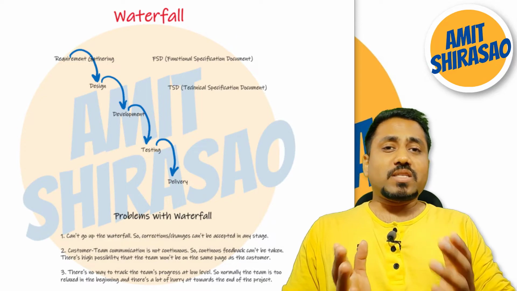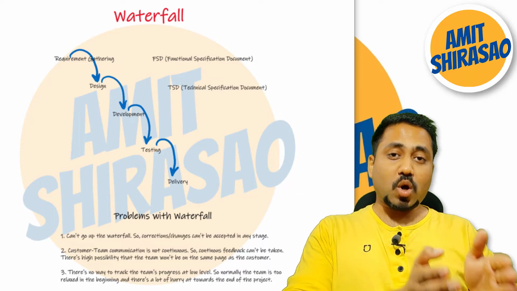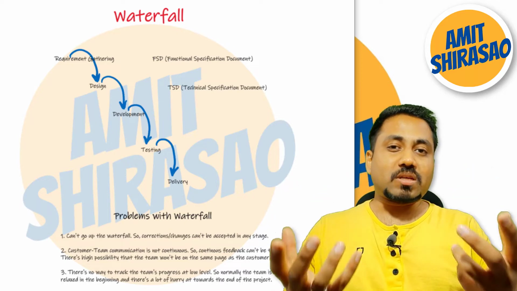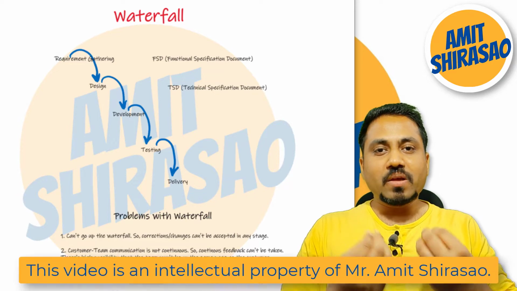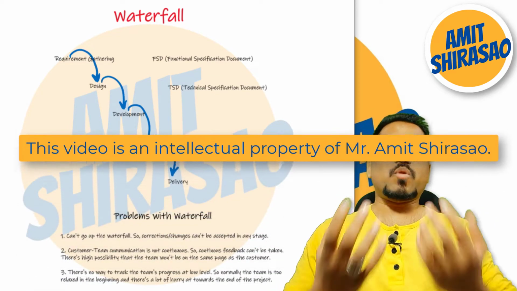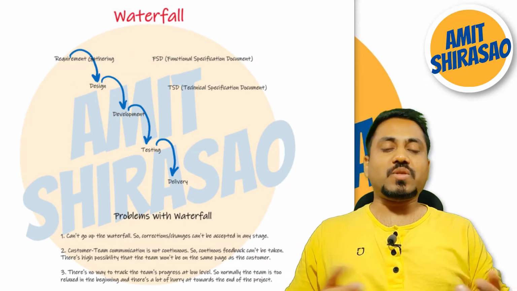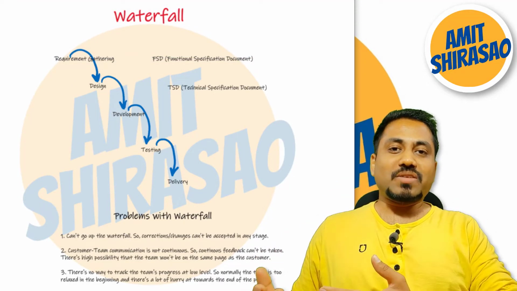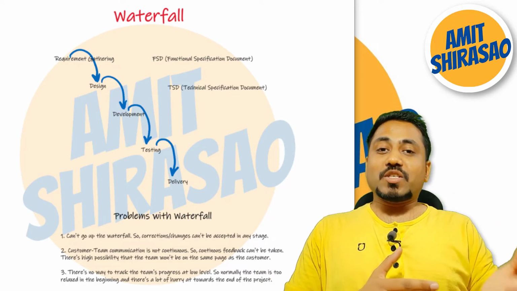Now, in the delivery stage, this product is deployed on some web server. Let us say I'm saying that this product is a web application. So in that case, this web application will be deployed on some web server. Web server can be of various types, like if you're in the Microsoft environment, then it is IIS, Internet Information Services.